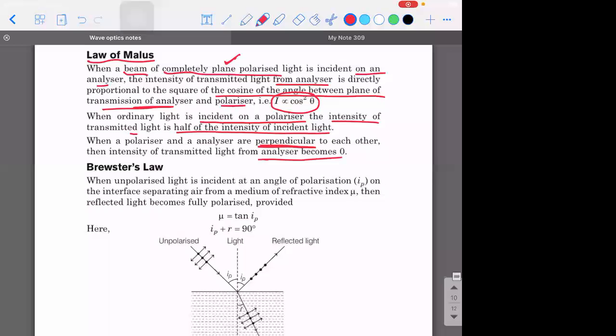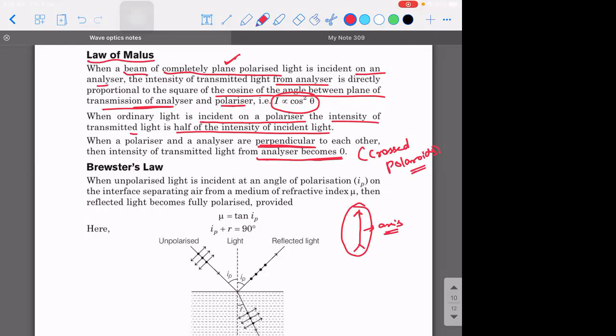So remember, if the polarizer and analyzer are perpendicular to each other, going forward, I will draw the polarizer like this. You need to understand that this is the axis, and this symbol represents the polarizer. This is for your understanding. When the polarizer and analyzer are perpendicular to each other, the intensity of the transmitted light from the analyzer becomes 0, and this situation is called crossed polaroids.